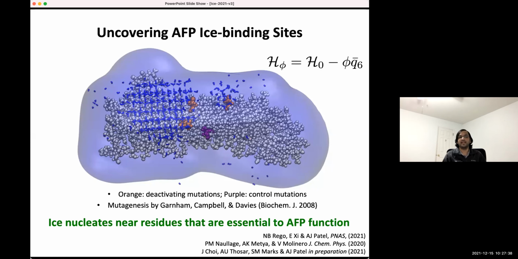And so we are very happy to see that when we nucleate ice in the hydration shell of this AFP, it forms near the orange residues, but not near the purple residue. And so this lends confidence to our ability to actually predict ice binding sites of AFPs, which is very exciting because, of course, mutagenesis experiments are very onerous, right?